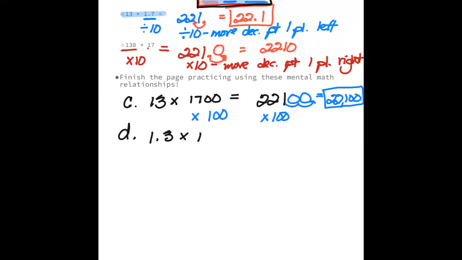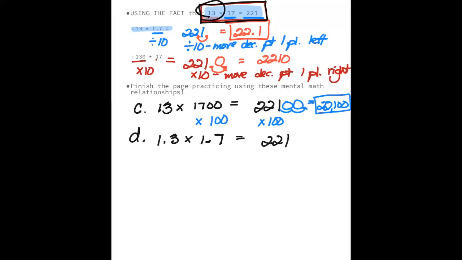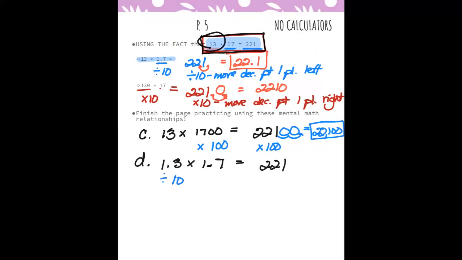1.3 times 1.7. I know my answer is going to have a 221. What did I do to get from 13 to this 1.3? Divided by 10. So here, how about 17 to 1.7? Also divided by 10. So what do you think that's going to do to my answer?